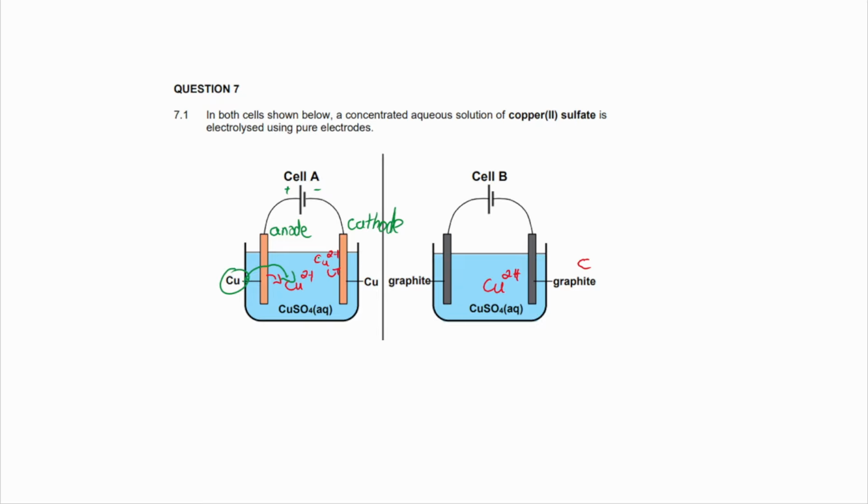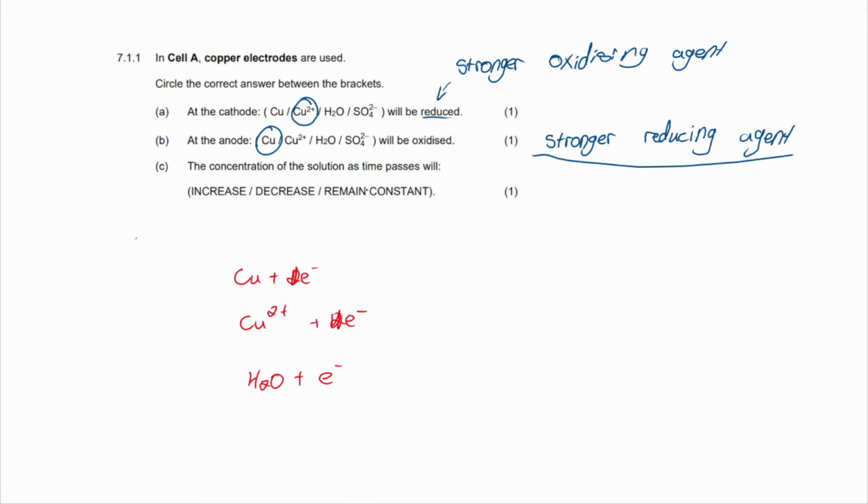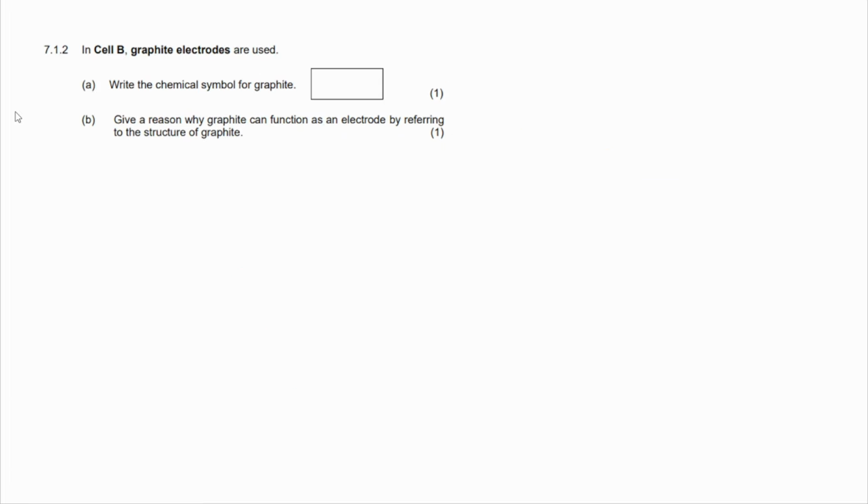And at the cathode, one copper 2+ ion becomes solid copper. So basically we're putting one ion in and using one ion. So what effect is that going to have on our concentration? It's going to cause our concentration to remain constant, because we're not changing the number of moles of copper 2+ ions as things are being reduced and oxidized. We're creating one, using one, creating one, using one. Okay, so I hope that's clear.